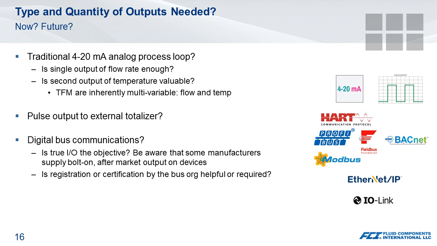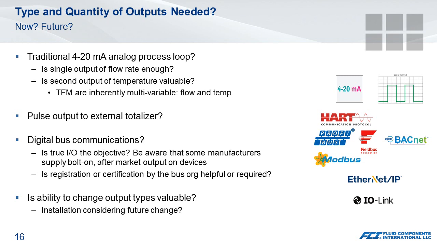Or the opposite of that: you've got a digital bus communication that you want, but you're a little uncertain, and it's possible that either in downtime or you're going to get cold feet and want to go back to traditional 4 to 20 milliamp analog output. Are both of those outputs in the product, or can the product be changed? Very much a consideration you'll want to put into your specification.